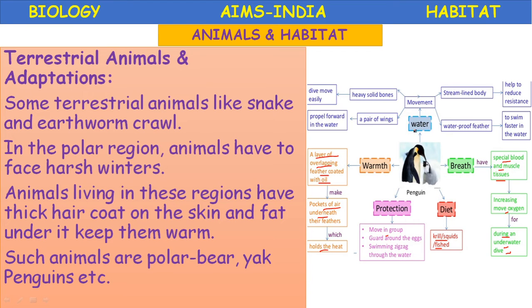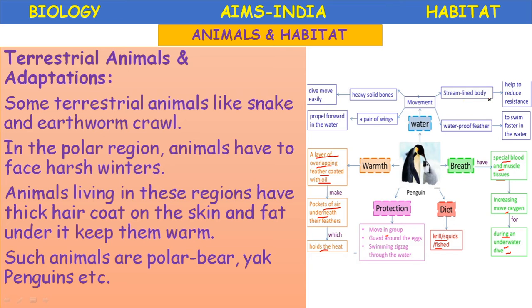Next, in the water, their movement: they dive and move easily. Heavy solid bones are present for this easy movement. A pair of wings propel them forward in the water; they act like paddles and push the water.